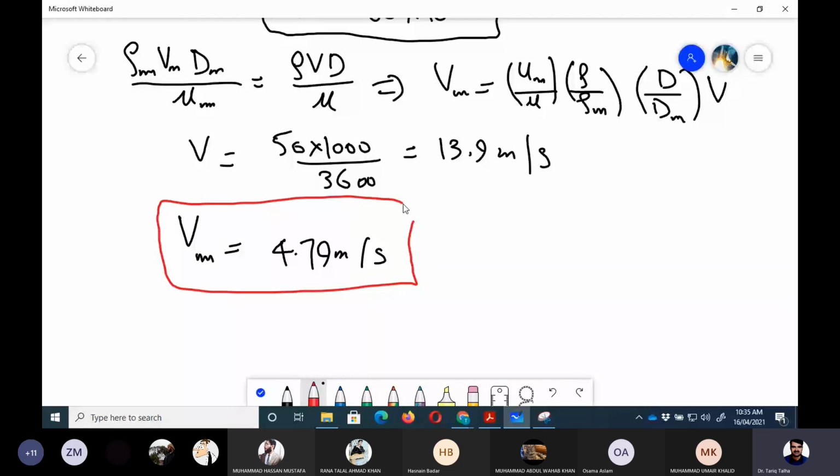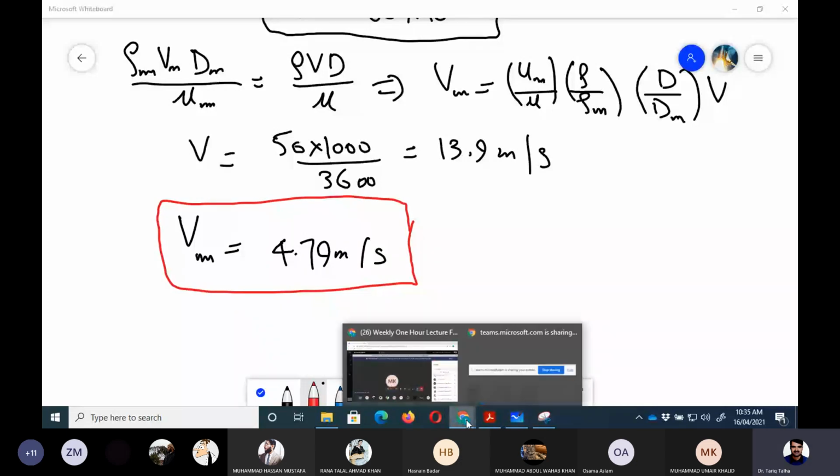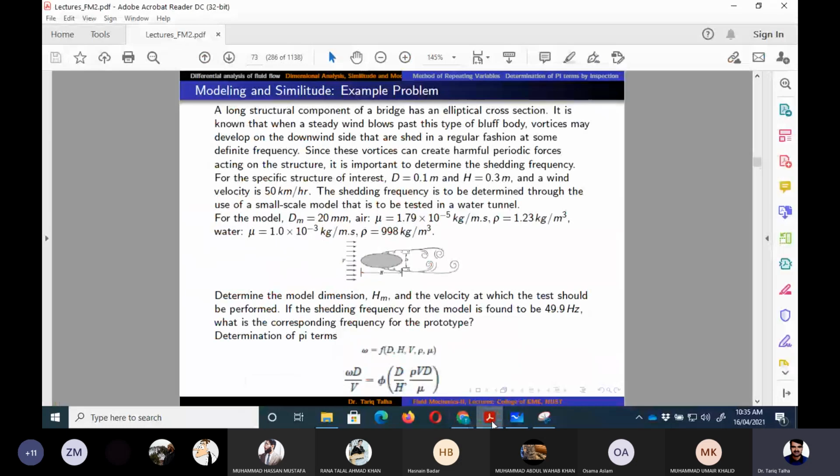Now, this is a little bit more interesting, because if you remember in the last class, we saw that if we reduce the size of the system to the model, then we need to have more velocity.